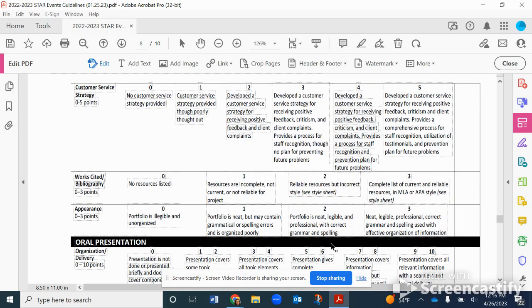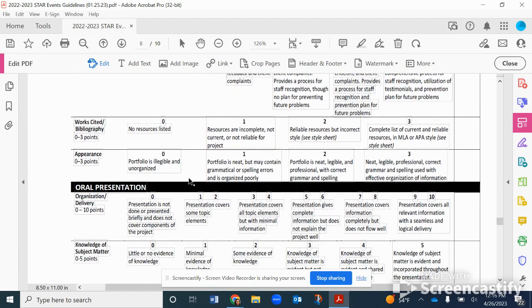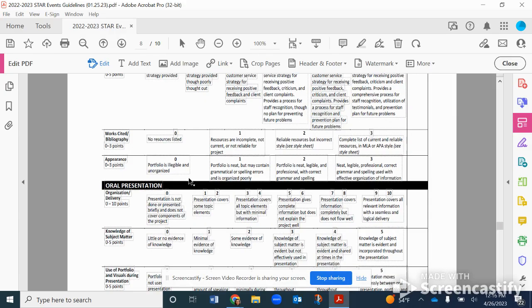Same on there. It is okay to assess it sometimes though, if it's part of the points. So the customer service strategy, I would say, is part of the overall focus of this project. But when we get down to works cited, appearance, and all these presentation bits, that might not be a part of the skills of this project, but general things that we might want to include in the grade.